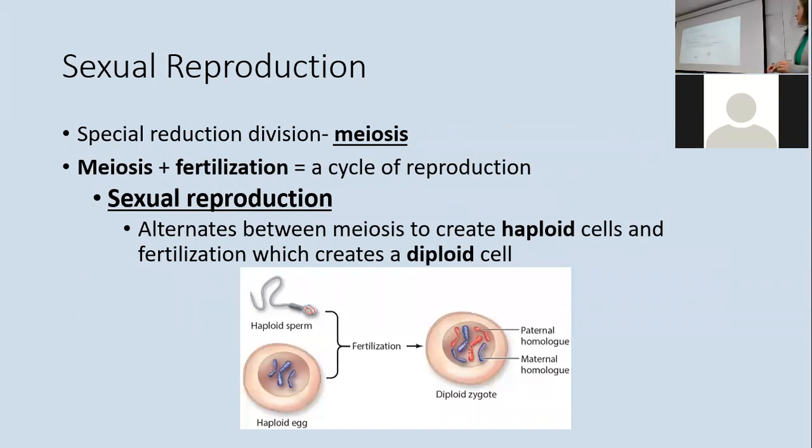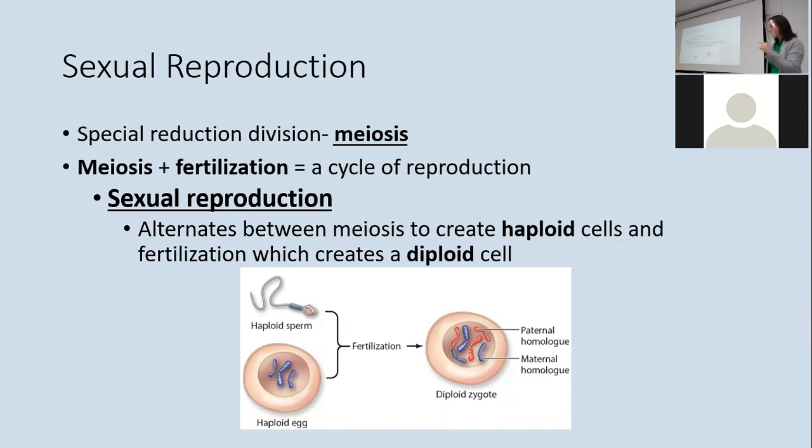So this is where meiosis comes in. Meiosis is the kind of cell division that leads to sexual reproduction, and it's a special reductive division. It takes cells from diploid, we're diploid organisms with two copies of all 23 of our chromosomes in every cell, to haploid cells, which only have one copy of each of those 23 chromosomes.